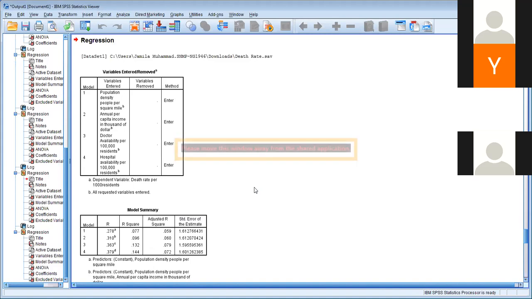You see, the total is 14.4. So what is telling us is that these 4 factors account for 14.4 of variability in death rate. So we have 85.6 that is not accounted for.